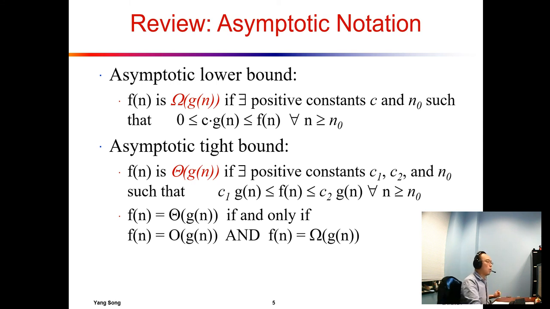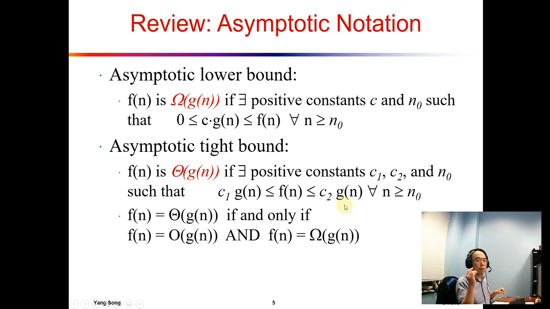This is our goal, and of course we also need the n0. And if big O and big omega have the same g(n), then we have C1 g(n) smaller or equal to f(n), and f(n) smaller or equal to C2 g(n).